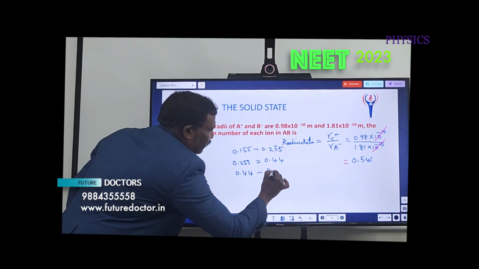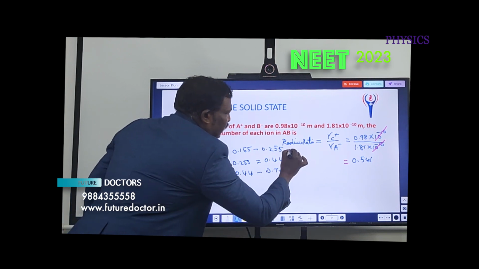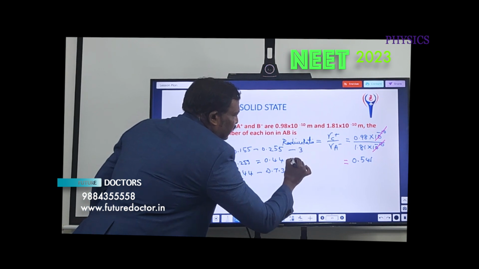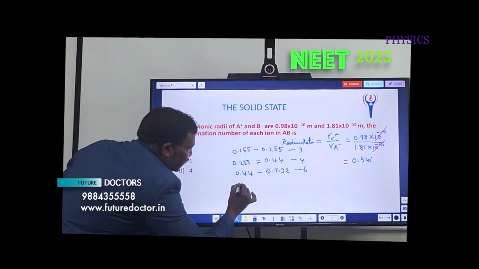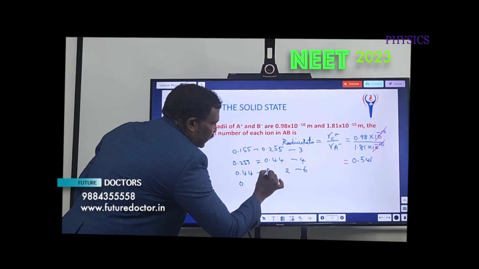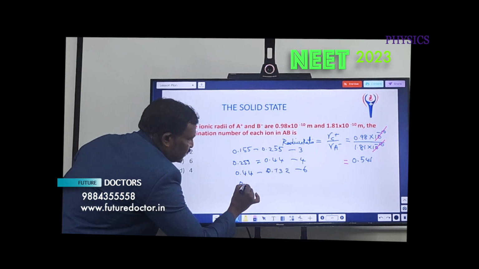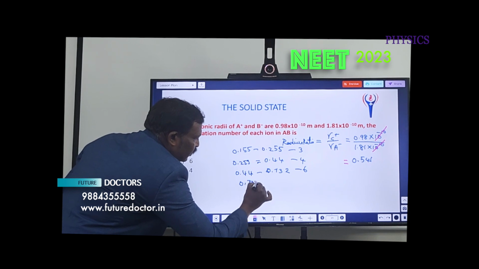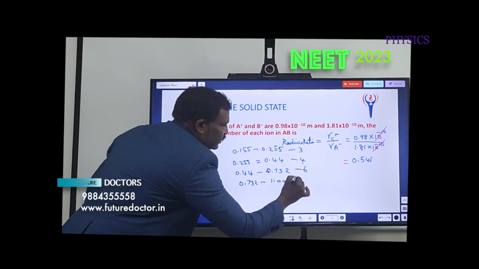It's not that we have to memorize. Here the coordination number will be 3, here 4, here 6, and likewise it goes on up to 1.0.